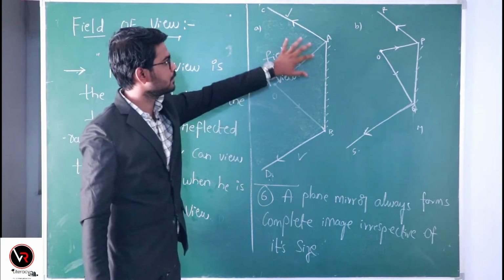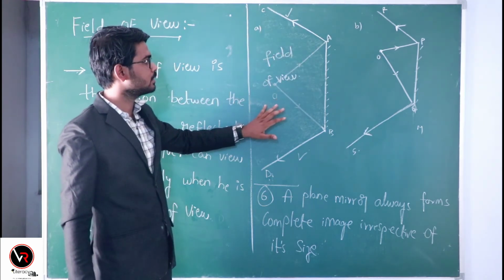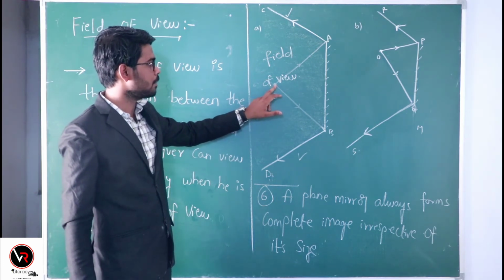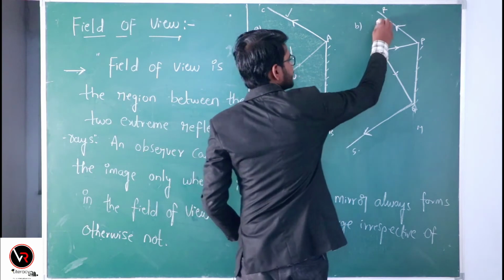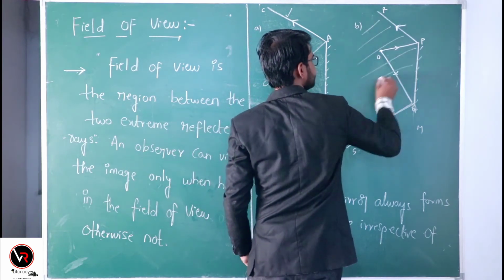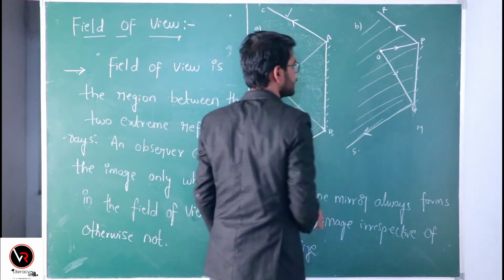And this area of the field of view varies and depends upon the observer's location from the mirror. If you see here, this is the region enclosed between these two reflected rays.